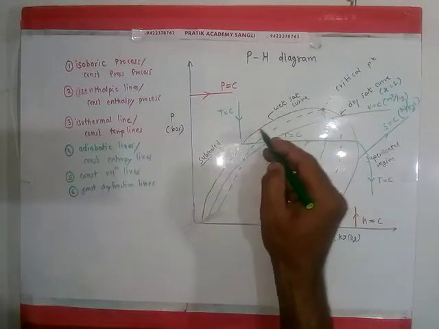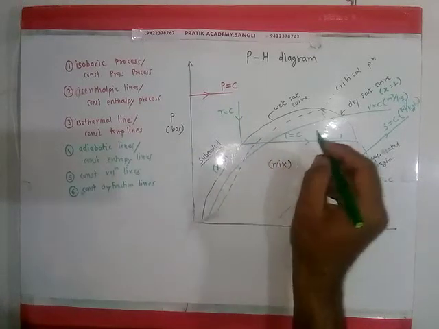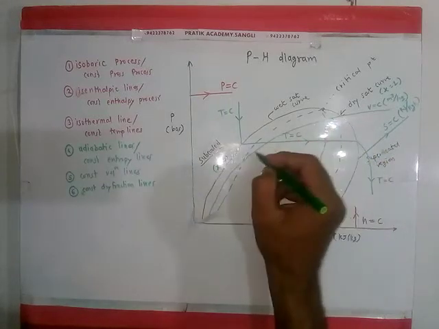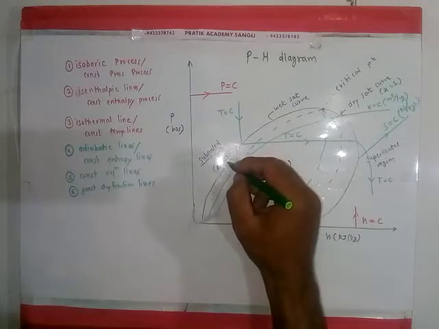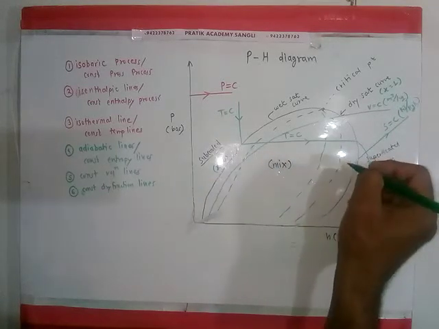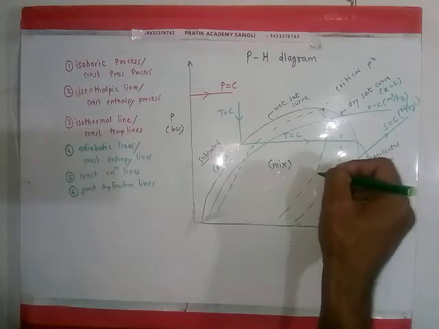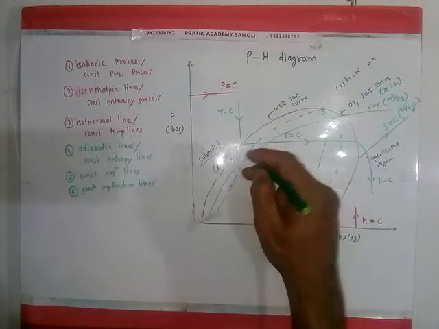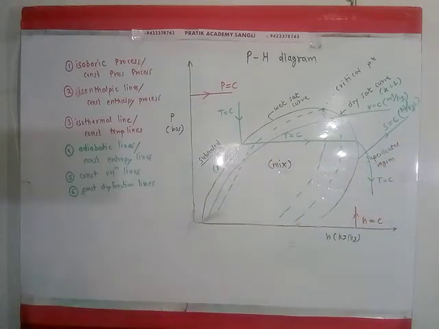For the wet saturated curve, the dryness fraction is 0, and for the remaining lines x is between 0 and 1. Here will be x of 0.9, 0.8, 0.1, and along each line x remains constant. So these are some important lines for the pH diagram.